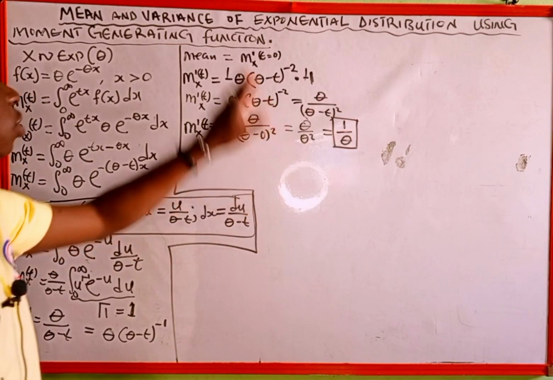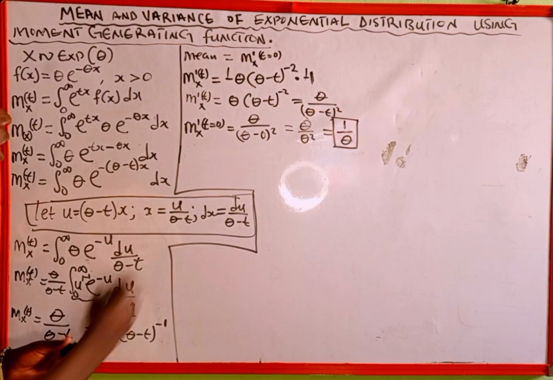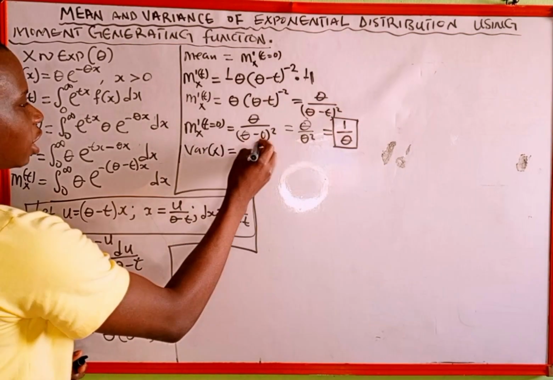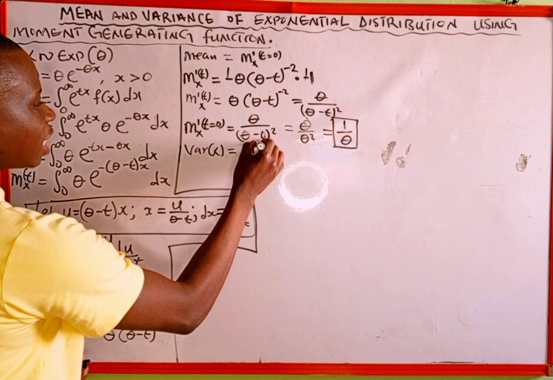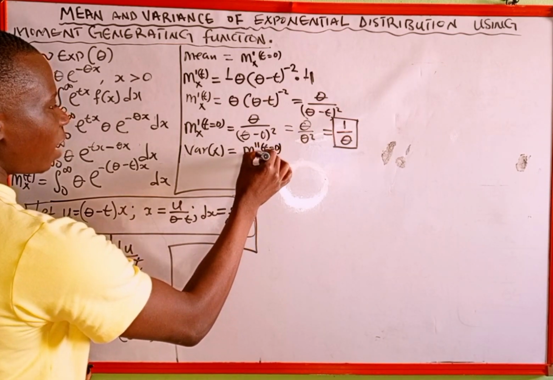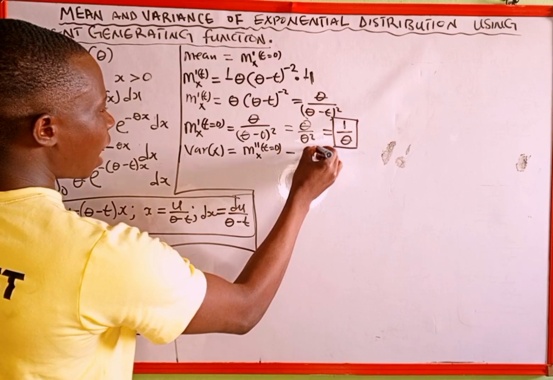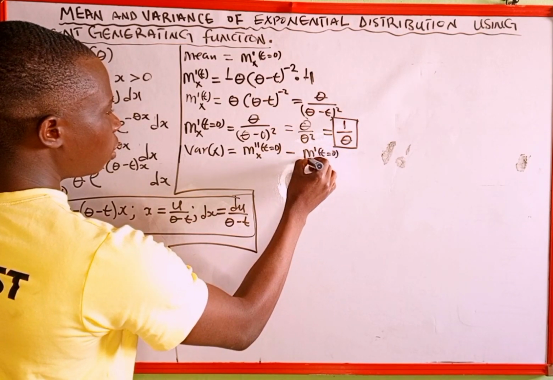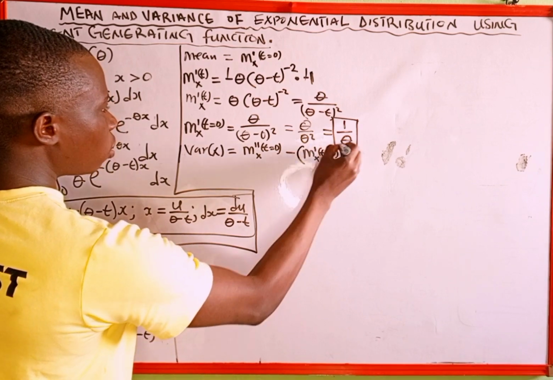So the second thing we are going to find is the variance. And the variance of an exponential distribution using moment generating function is the same as what? M at second derivative, then we set t to be 0 sub x, minus M at first derivative, then we set t to be 0 sub x, then all square.